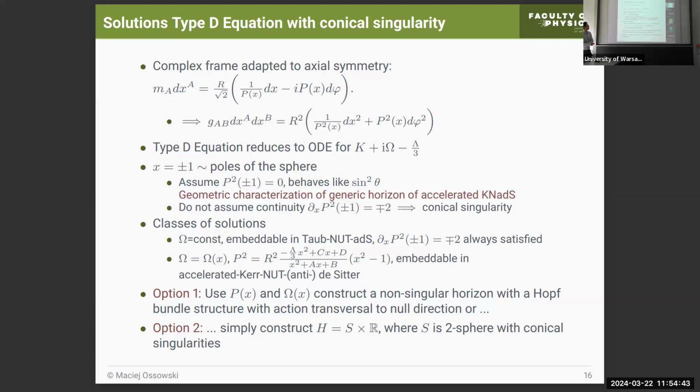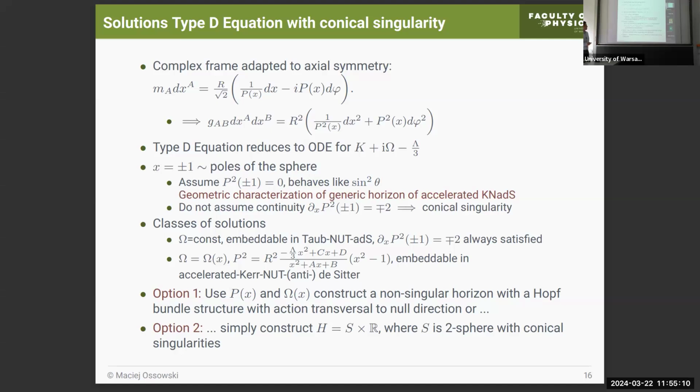So first of all, there's this assumption that P vanishes at plus minus 1, where plus minus 1 correspond to the poles. The intuition behind this is that we want there to be two poles, something resembling a sphere.